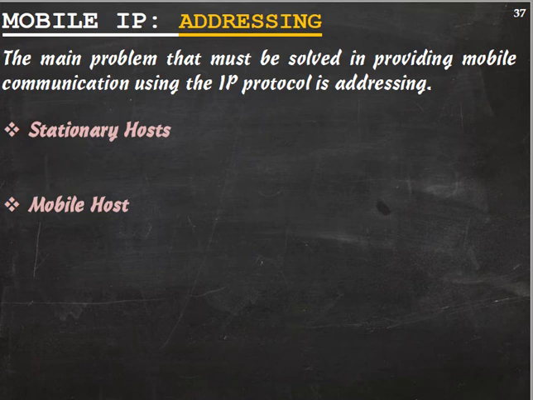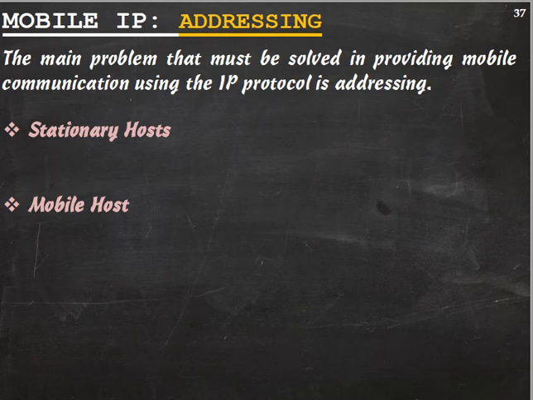So using this IP address, packets are routed. In IP addressing, we have seen that an IP address consists of two parts: a prefix and a suffix. The prefix associates the host with a network, so that is the network address, and the suffix is the address of the device.